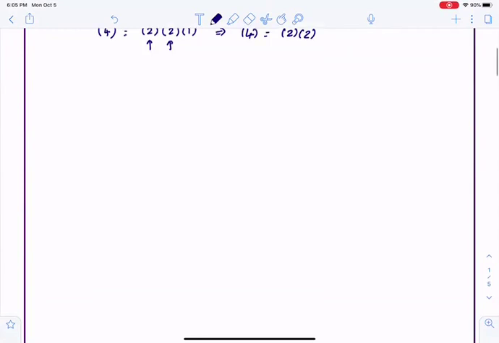So we have to extend this concept to something called the greatest common factor, because if we have multiple terms, then we've got to look for something in common so we can pull that particular term out. What do I mean by that?